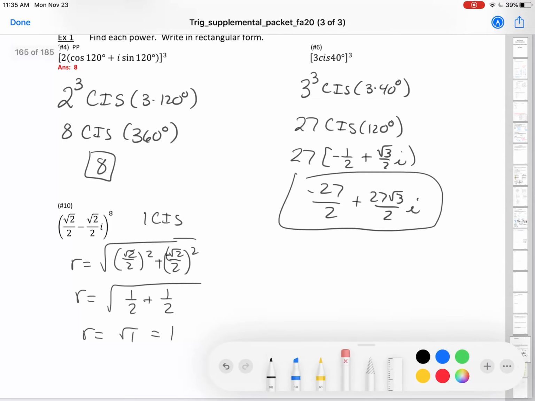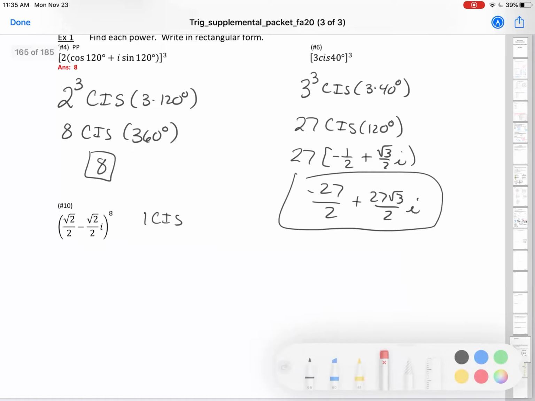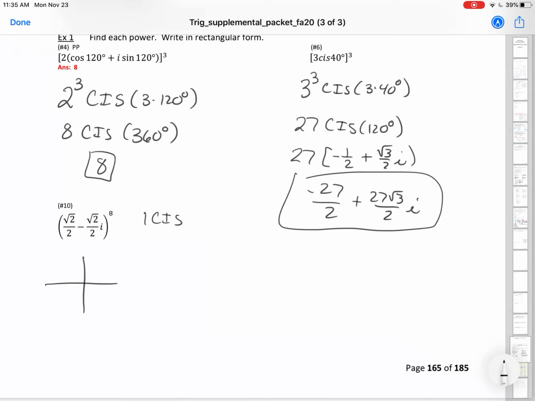And I'm going to erase this for a minute, and let's go figure out what our angle is. That's going to be equally as easy. First of all, let's figure out what quadrant we're in, because the quadrant means everything. Right and down. We're down here. Okay, and what tangent? Tangent of theta would be equal to negative root 2 over 2 all over root 2 over 2. It would be sine divided by cosine.